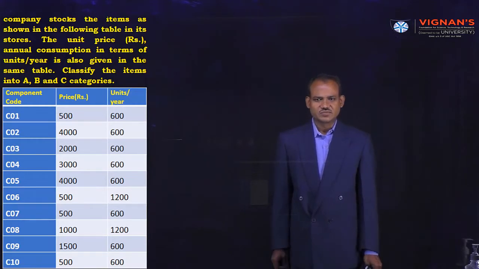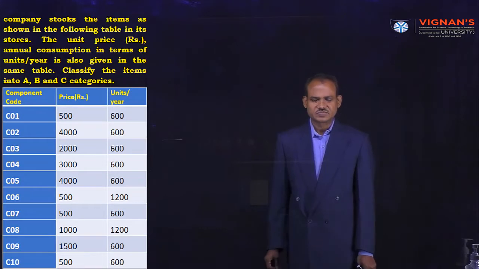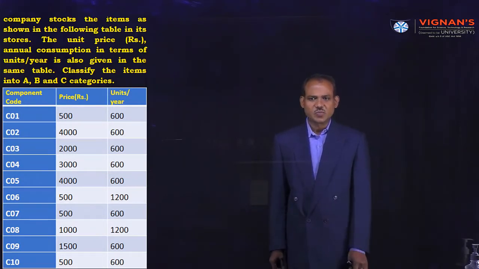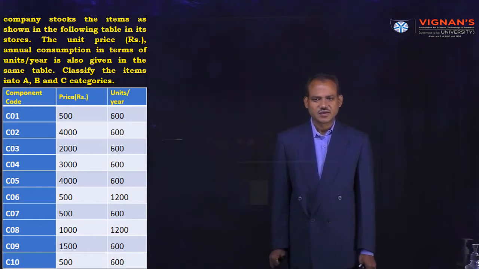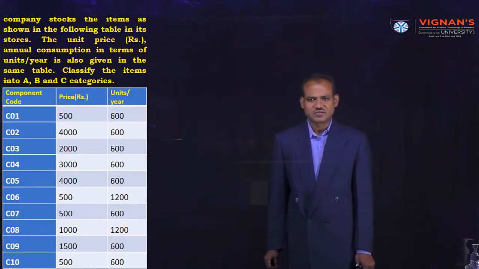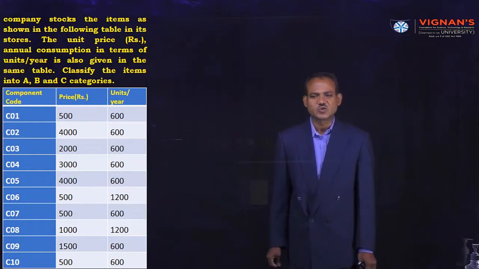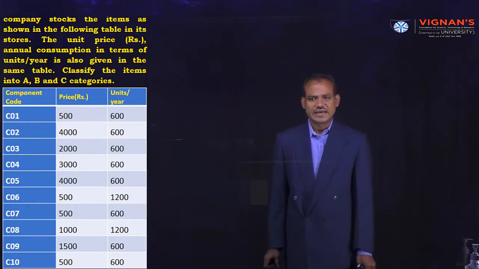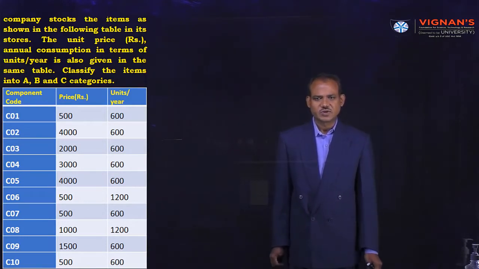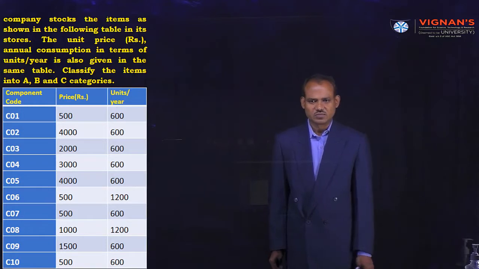First of all, there are 10 components in a storeroom. For each component, price per unit is given. For example, C01 has 500 rupees per unit. C02 component 2 price is 4000 per unit, and so on.